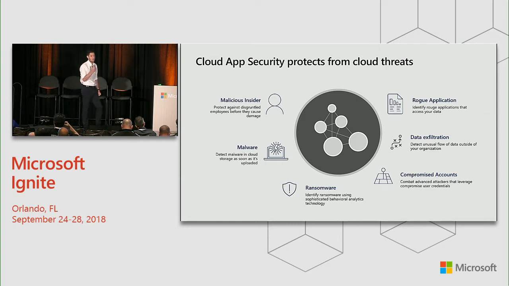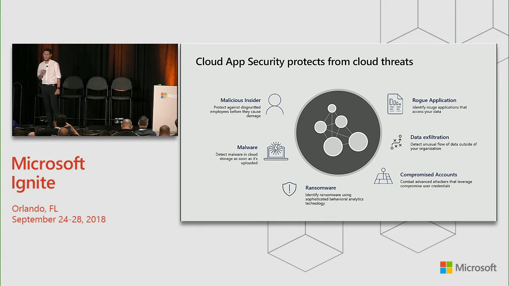And when I say malware and ransomware, I mean first signature-based detection for malware based on Microsoft intelligence, but also behavioral learnings that allow us to identify when there's an encryption process that resembles ransomware. This is super powerful, and we'll talk about that later on.